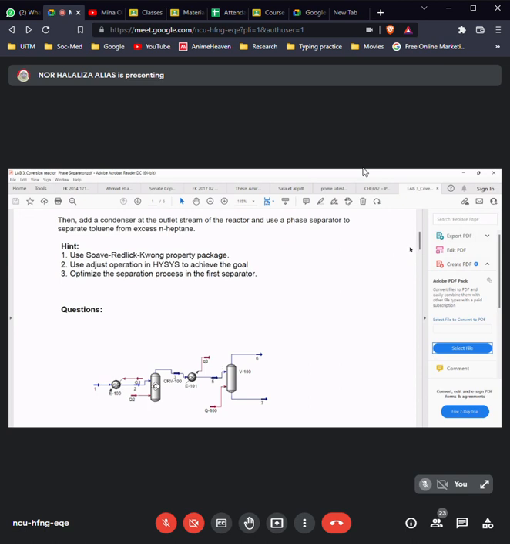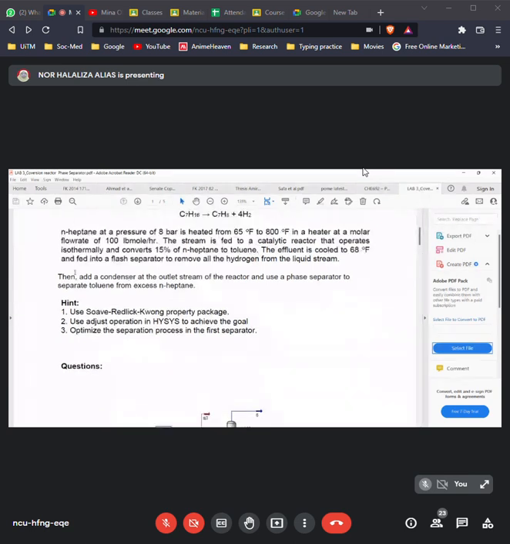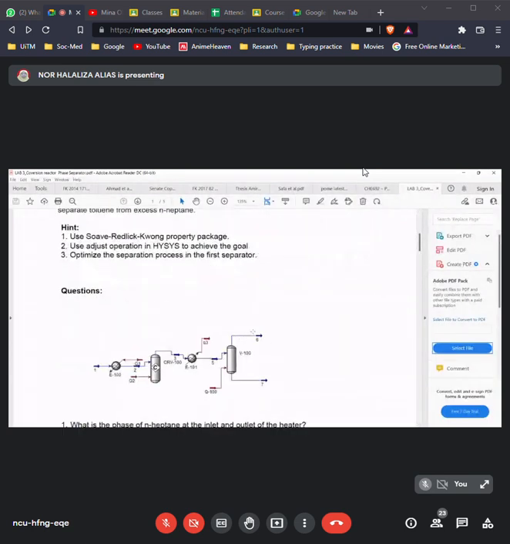Okay, and then before you do the separation, you need to cool down to 68 Fahrenheit and feed into flash separator to remove all the hydrogen in the liquid stream. So finally, this is a vapor stream in stream 6 and stream 7 is a liquid. In stream 7, we don't want any hydrogen here, because if hydrogen is here, we need a very low temperature to liquefy the hydrogen.